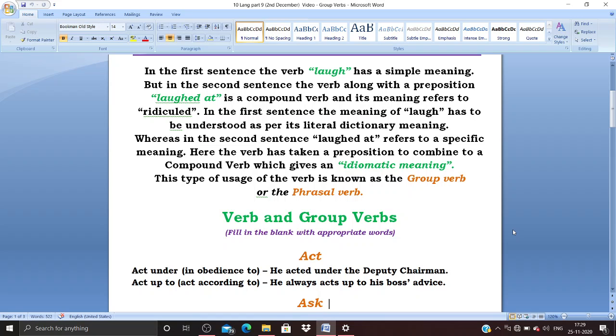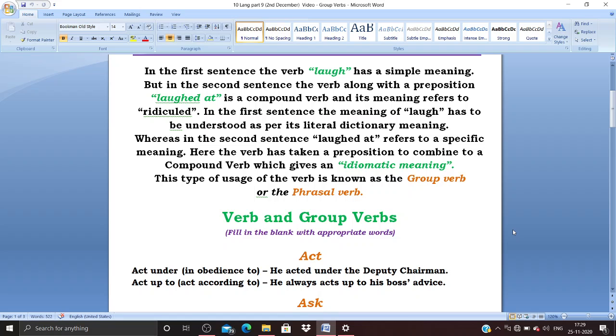Although the instruction says fill in the blank with appropriate words, it is actually fill in the blank with a preposition. That's why the meaning becomes very different from its dictionary meaning, because we are not just dealing with the verb, but with a particular meaning.